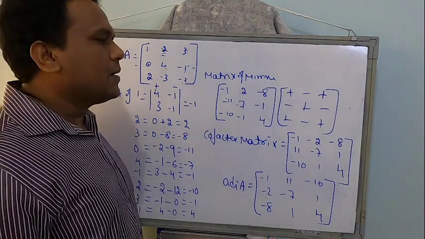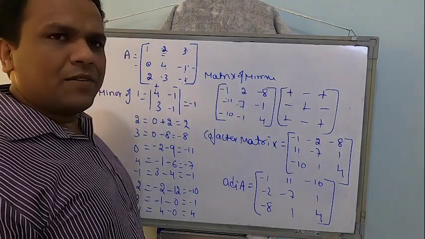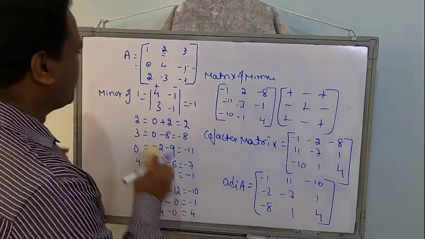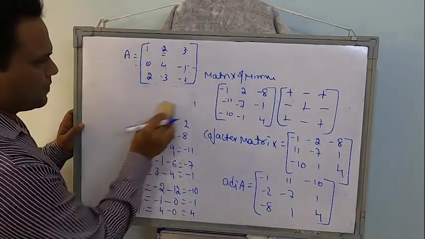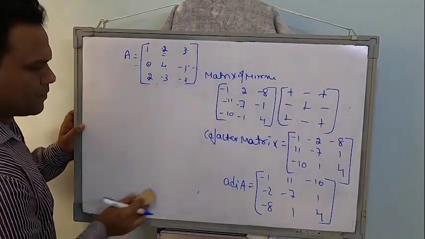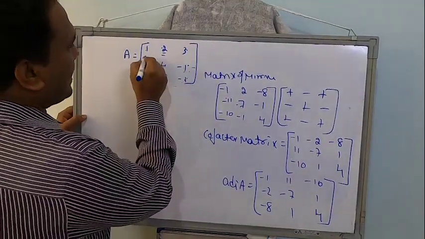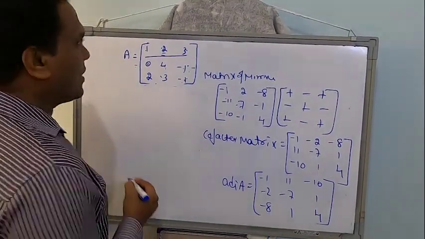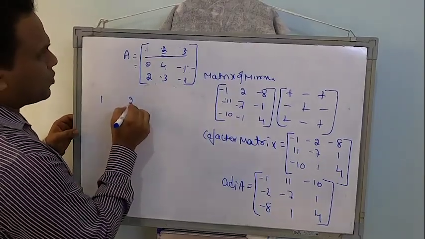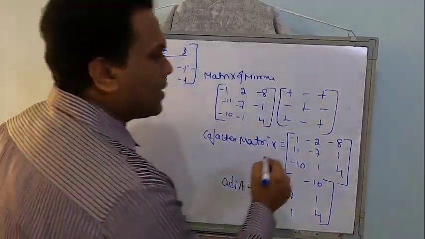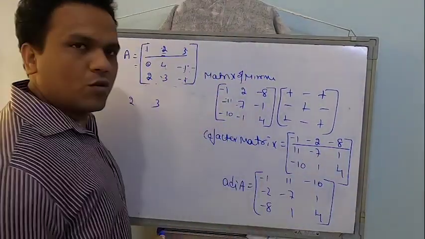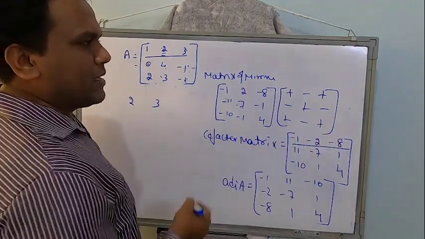Fine, students? Okay. Now, with the help of this, I would like to explain something. I will take the first row elements. What are the first row elements? 1, 2, 3. And what are the cofactors of the first row? Minus 1, minus 2, minus 8.